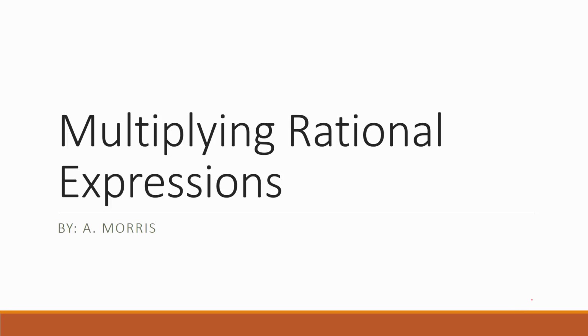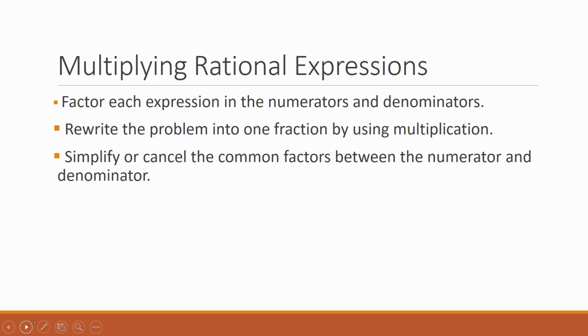Okay, in this video we will be learning how to multiply rational expressions. Now, when we multiply rational expressions, we go through the same or a very similar process as what we did when we simplified rational expressions.